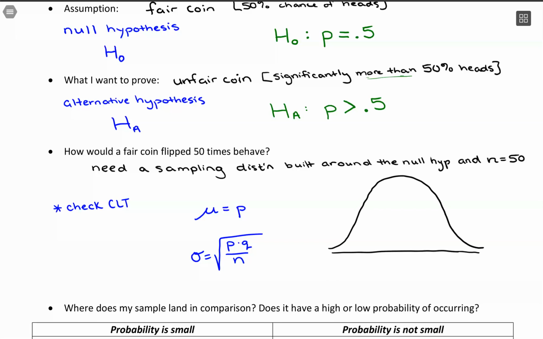is with the sampling distribution, and this will be built around the idea that we expect 50% heads, then we can see how p-hat behaves for a fair coin flipped 50 times.